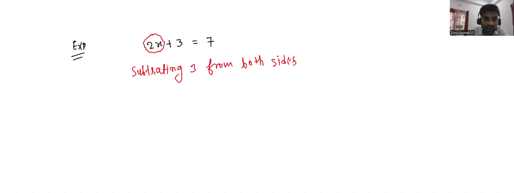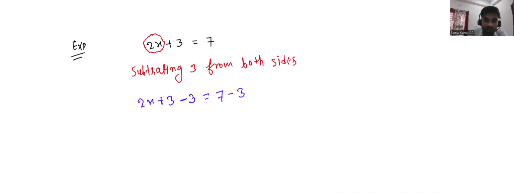I can write 2x plus 3 is given, and we subtract 3, so I write minus 3 here. Plus 7 is there, and minus 3 you are subtracting. You are performing the same operation, so the LHS and RHS stay equal, with no disturbance. Now we can easily see that plus 3 and minus 3 cancel out, meaning 0.